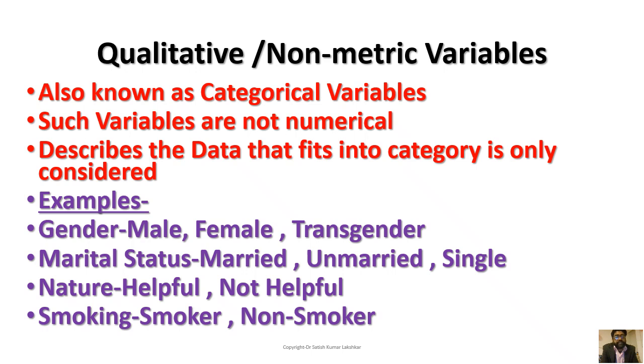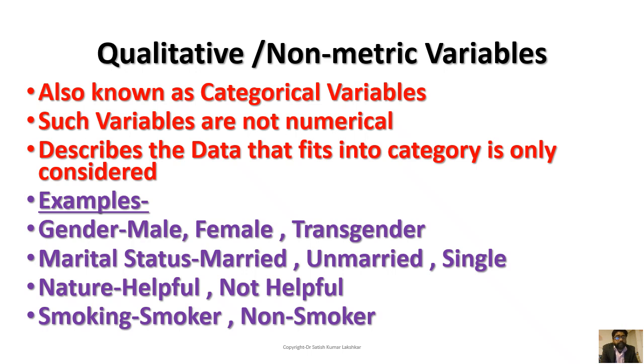For example, gender, which we talked about earlier. Gender as a variable: male, female, or even transgender; these are the different categories. Marital status: married, unmarried, single; these are the different categories of marital status. Now let's talk about some more examples. Smoking: someone may be a smoker or a non-smoker.